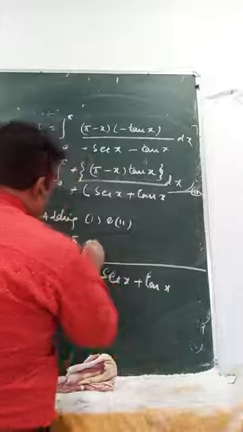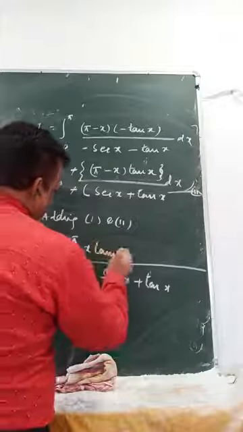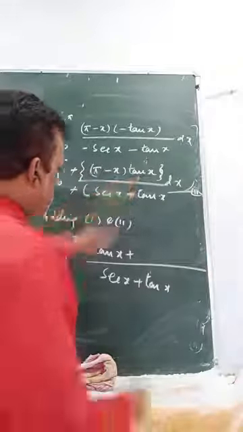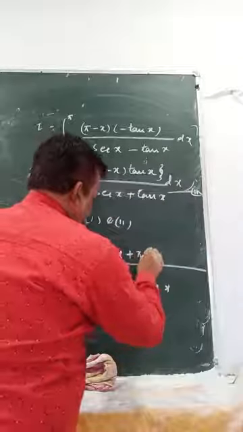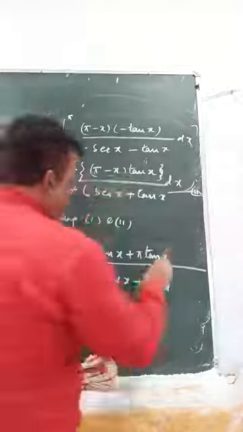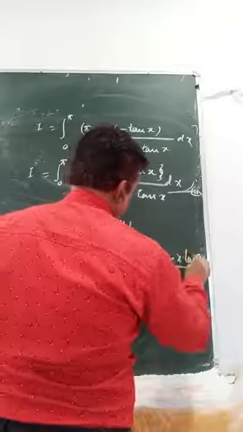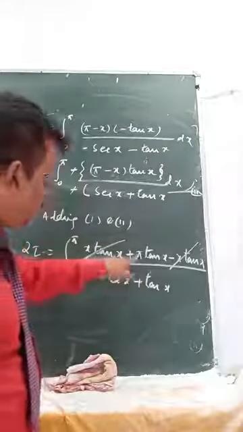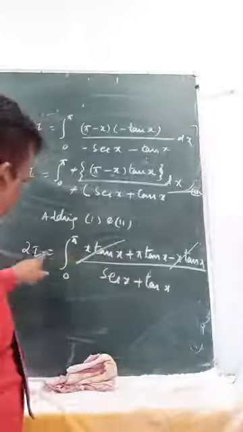The first was x tan x. Now look at this part. If I multiply pi tan x minus x tan x, this x tan x is cancelled. What is left out? Pi tan x, and this 2 I will take down.